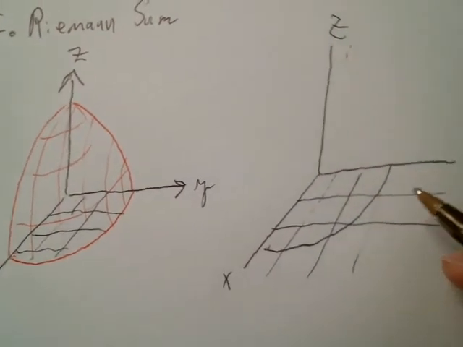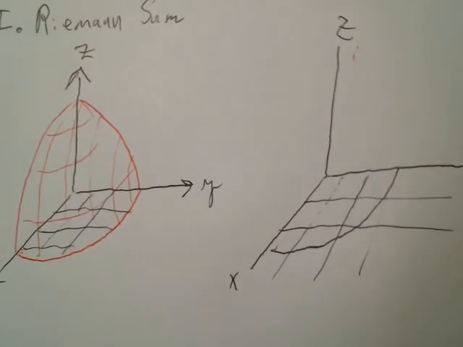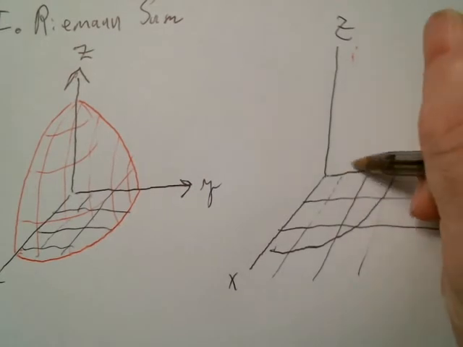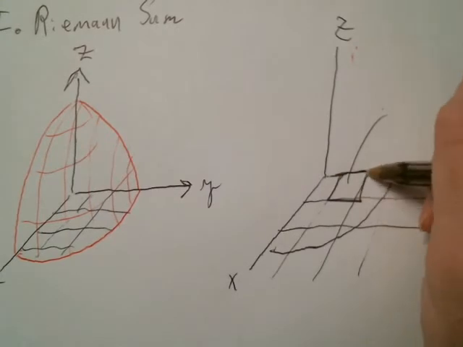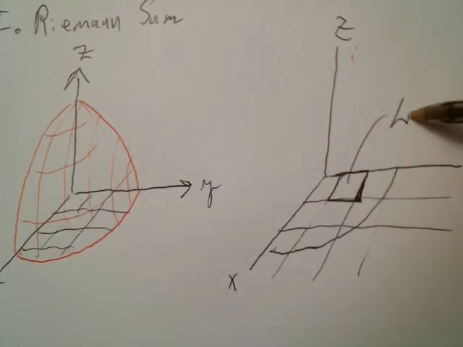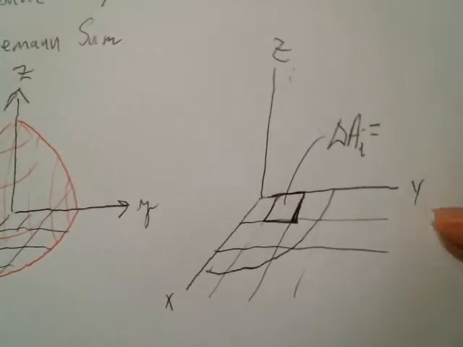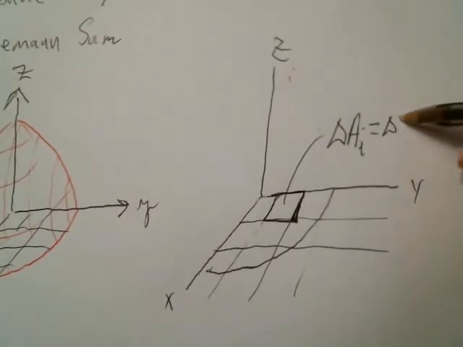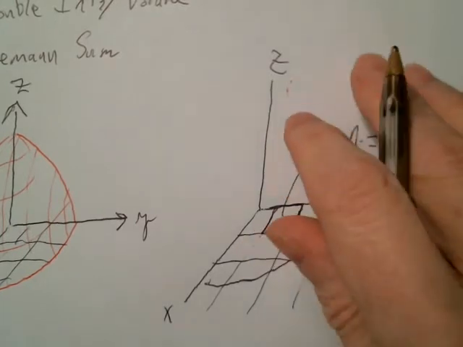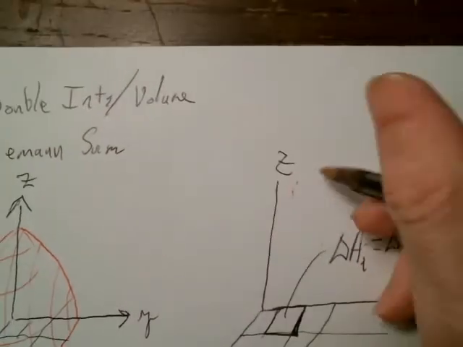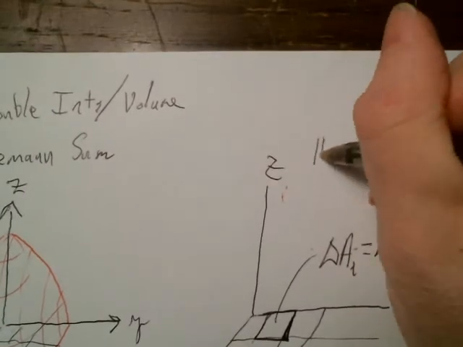Each one of these rectangles will have an area associated with it. So you can say, all right, this particular rectangle here has an area change in A sub i, which will be a width in the x direction times a width in the y direction. And we're going to say overall there's this norm that we're dealing with.